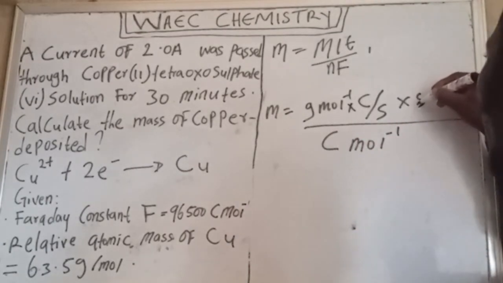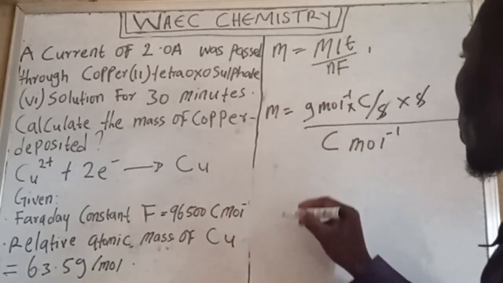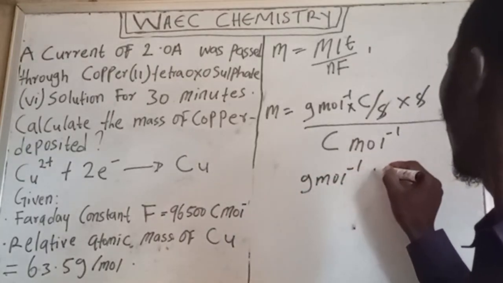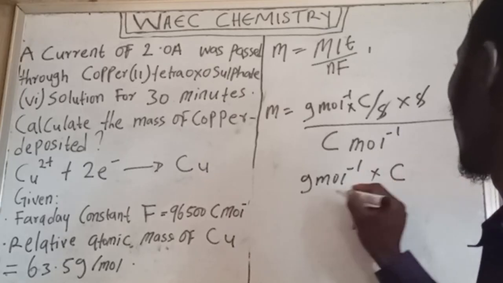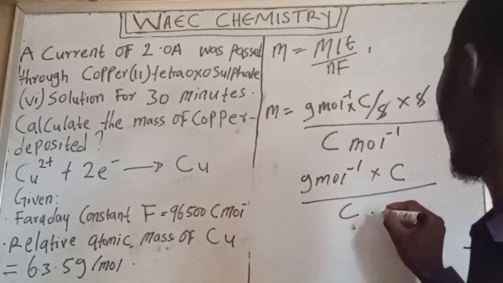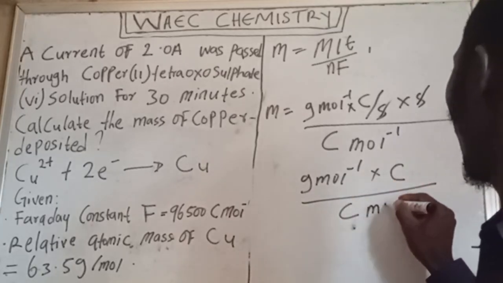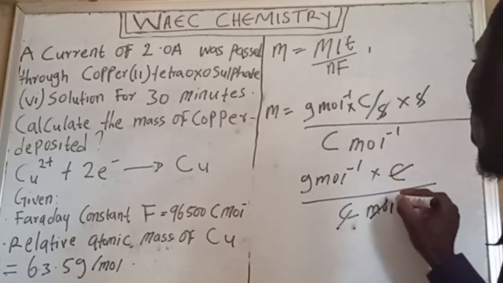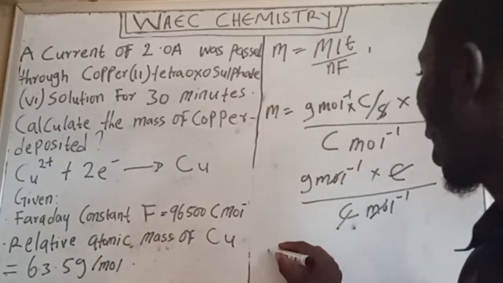Seconds will cancel seconds, and you will be left with gram per mole times coulomb divided by coulomb per mole. So coulomb will cancel coulomb, then mole will cancel mole. At the end, you will now have mass.